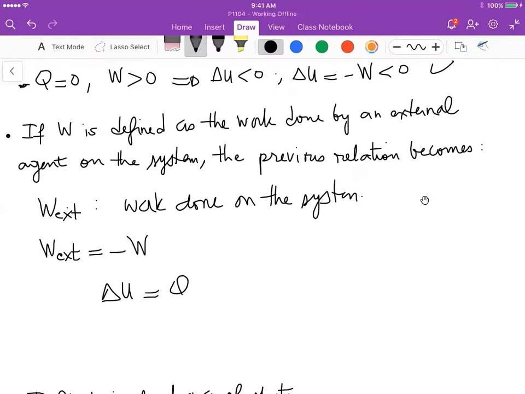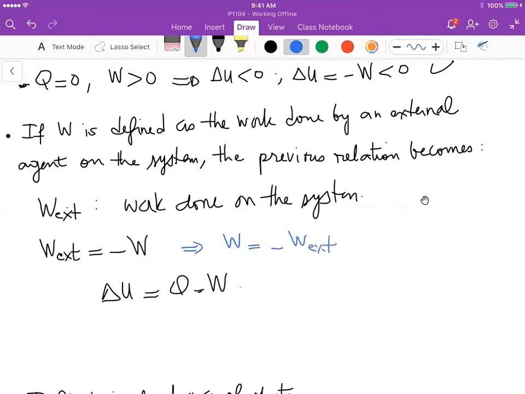And so بهالطريقة we can write the first law of thermodynamics as delta U equals Q minus W, right? So من هيدي الايكويشن فينا نكتب انه W هي minus W external.